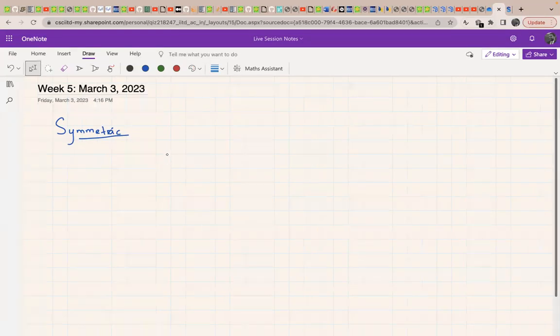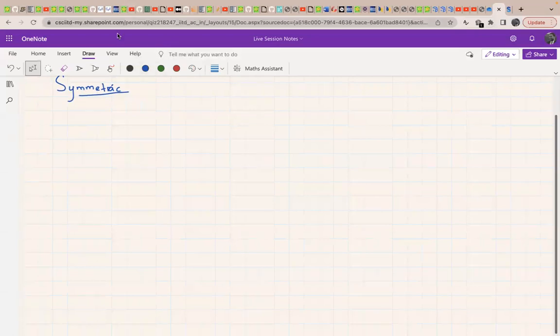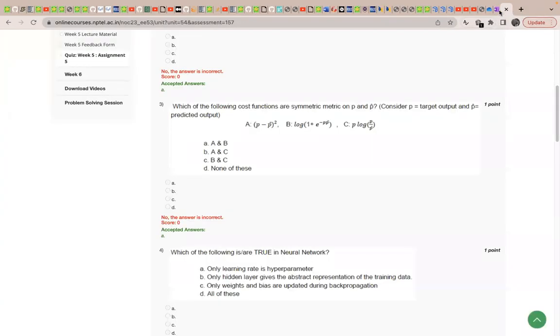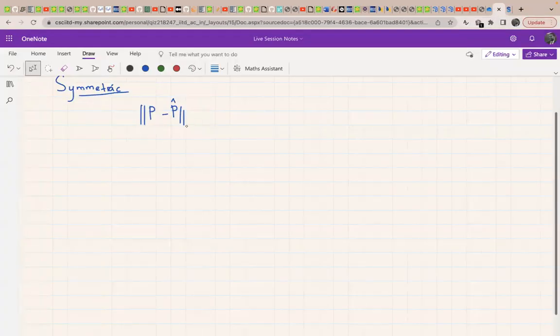So they're saying they're symmetric, right? Let's say this is p minus p hat. This is the equation given, right? It's like the two norm. So why is this symmetric? Because this will be equal to the 2 norm of p hat minus p.